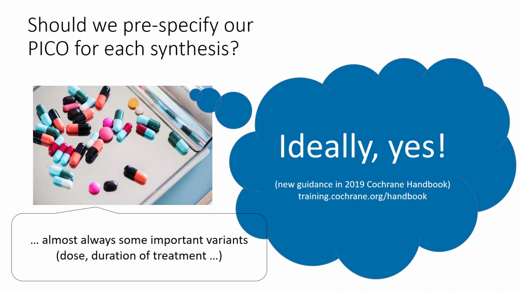We certainly acknowledge that, but we also think there's almost always some important variance that people come across when they go to do their review. So if we take interventions as an example, something that may be as seemingly straightforward as a pharmaceutical will almost inevitably have variations of dose and duration of treatment. And authors will have to make decisions about how they handle those differences in their review.